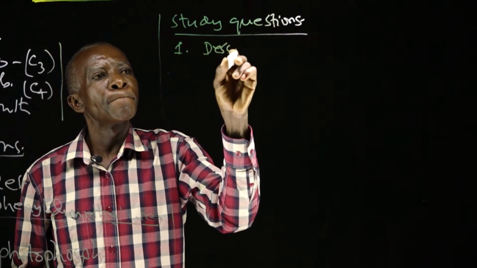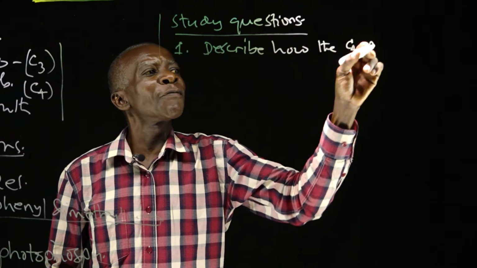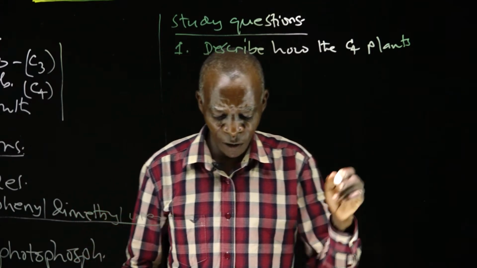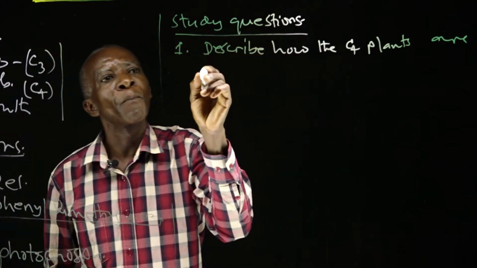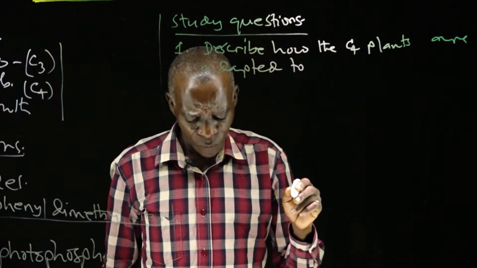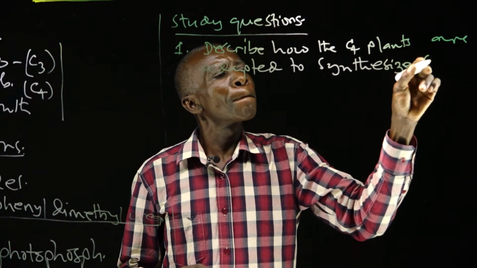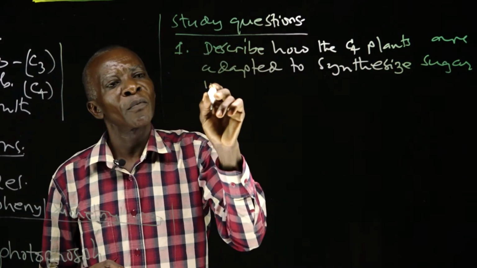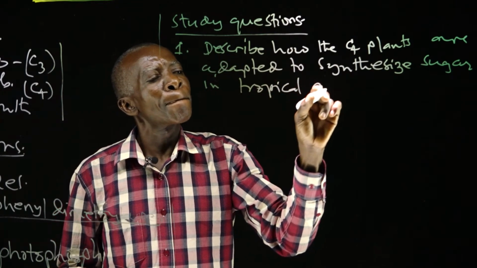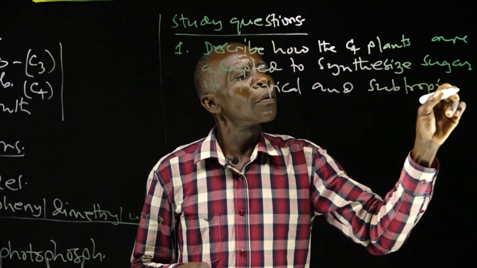Describe how C4 plants are adapted to synthesize sugars in the tropical and subtropical climates.